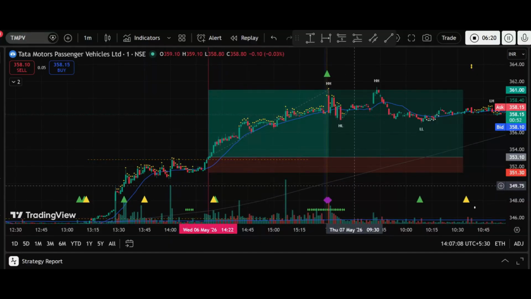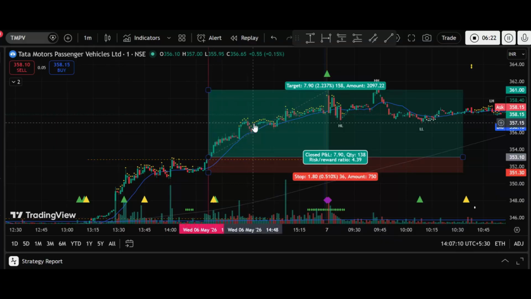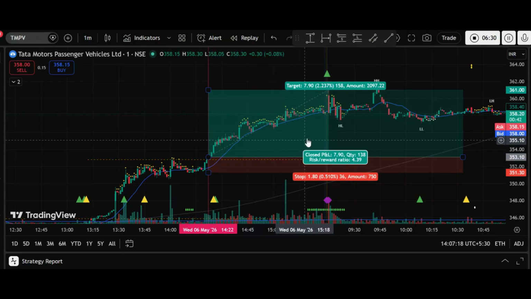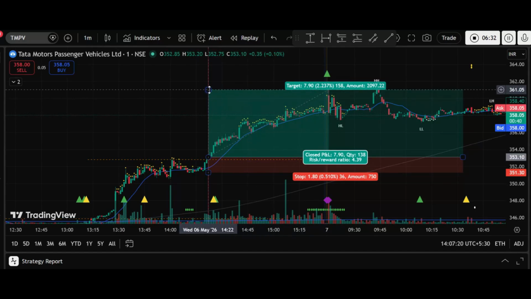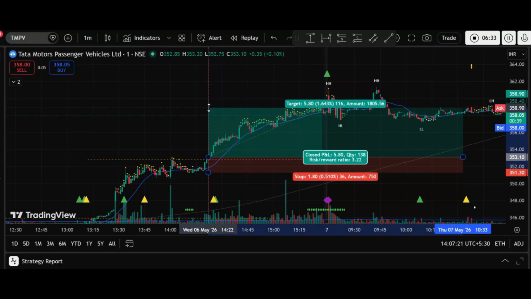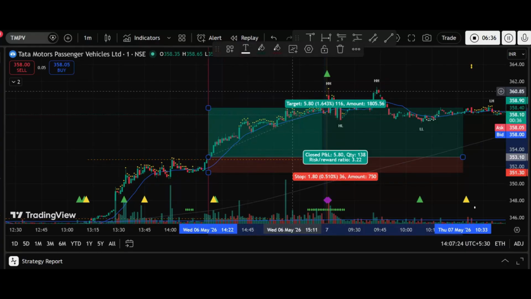1422. It's a 1 minute time frame which we are looking at, and this is our entry. In an intraday setup, this might convert into a swing trade if we go for another day.